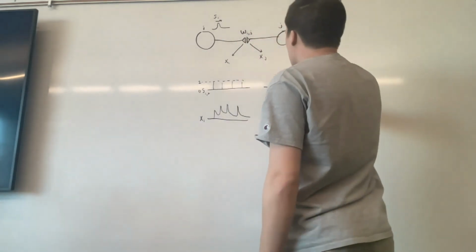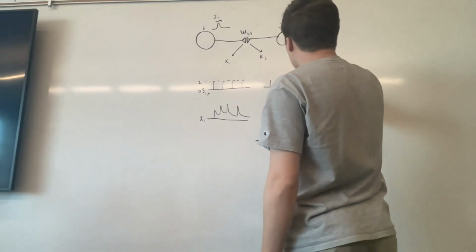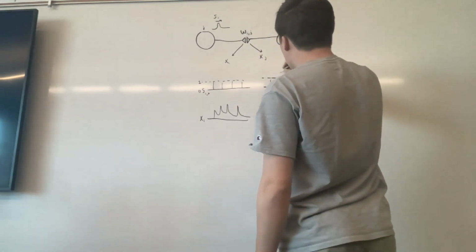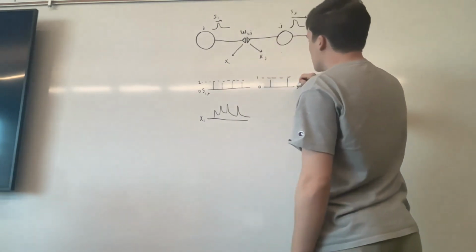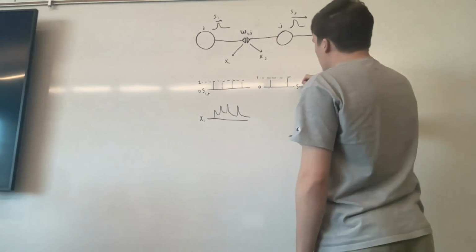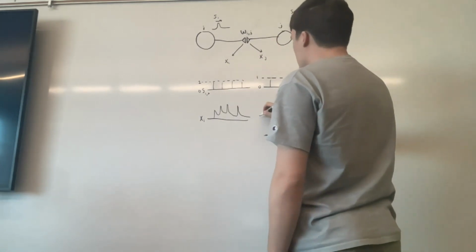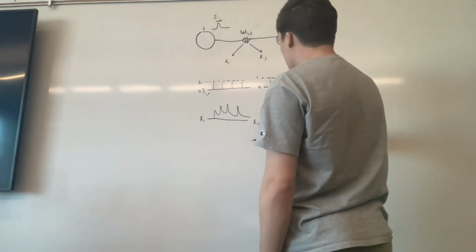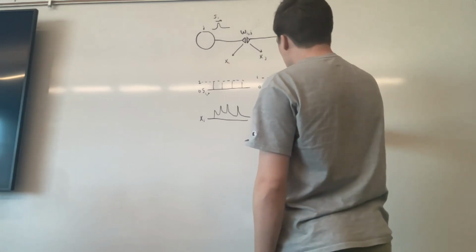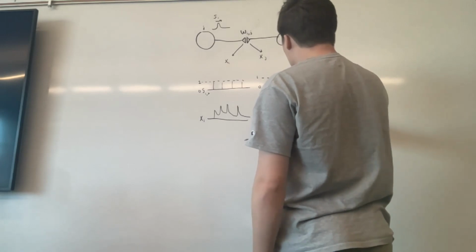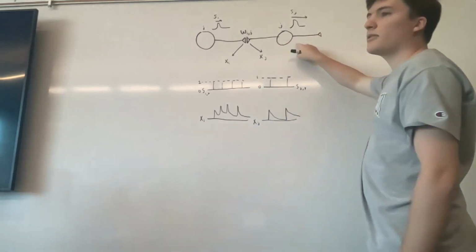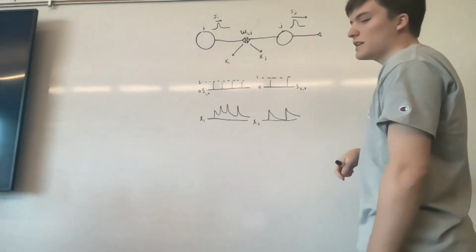We're going to get the exact same thing for s sub j of t, and this is going to be our x sub j. So it's doing something very similar to what the leaky integrate-and-fire neuron is doing. It's almost identical.